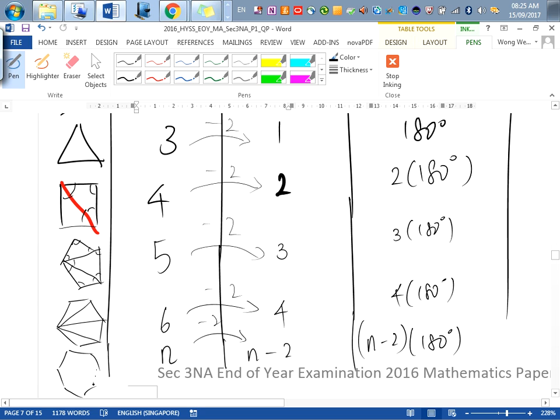So if I have n sides, total angles is this. One angle will be divided by what? N sides. So total divided by n. Okay?